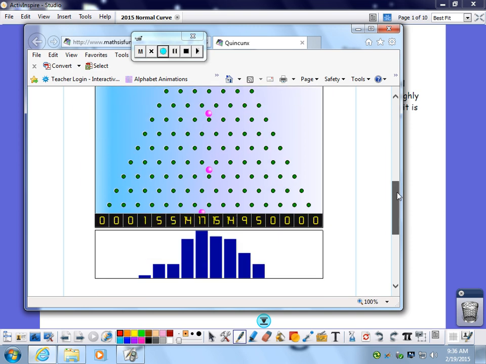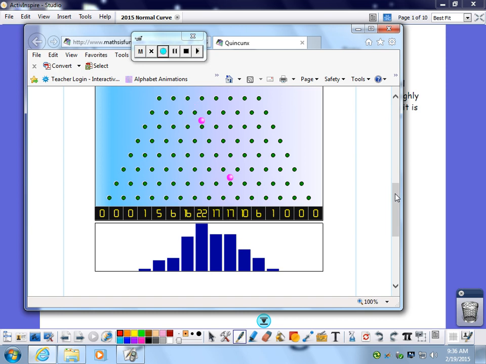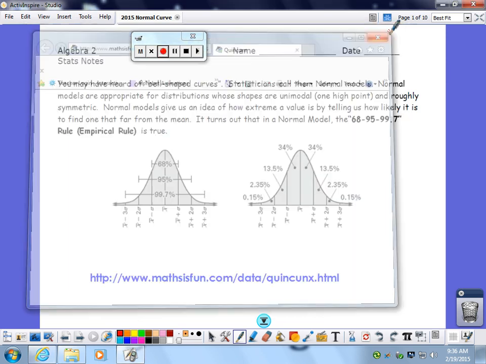All right, look at the curve it's making at the bottom. See how that's kind of a normal curve? So here again, it's a naturally occurring event. Most of the balls are going to fall toward the middle of our quincunx, and fewer are going to fall on the ends. Just an illustration. And you see that normal curve developing, that mound-shaped, bell-shaped curve.